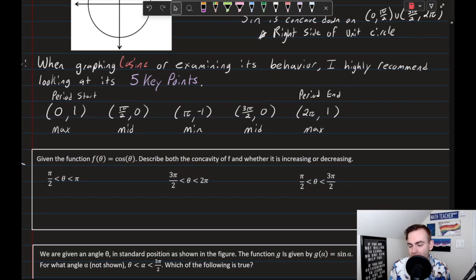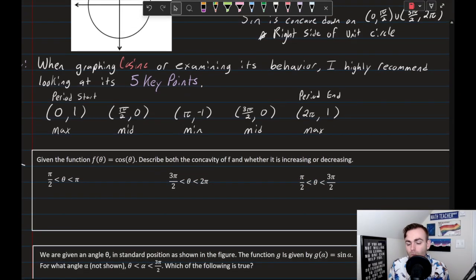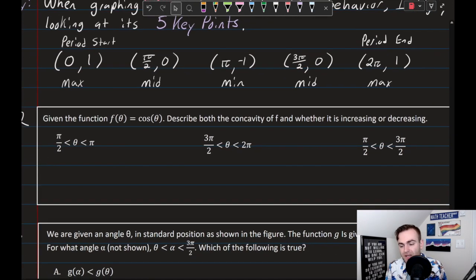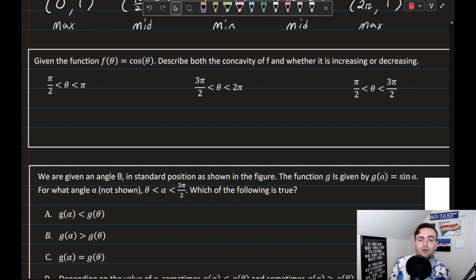Just like we did with sine, we can identify behavior of cosine just by looking at the curve itself or by looking at the unit circle. So let's do both again. If I'm looking at this part of the circle, this is quadrant 2.